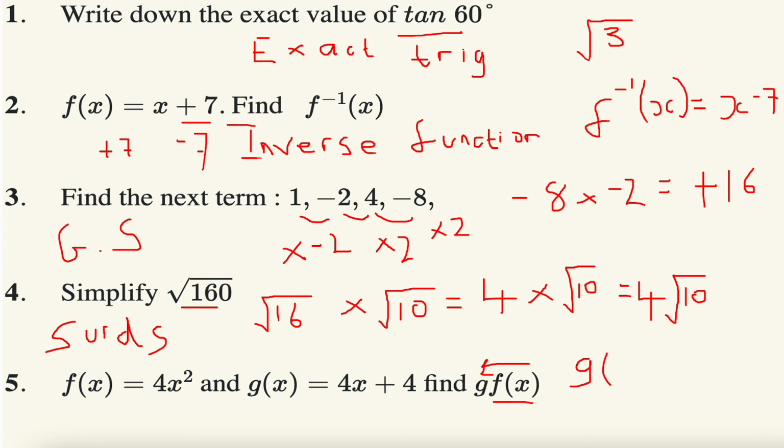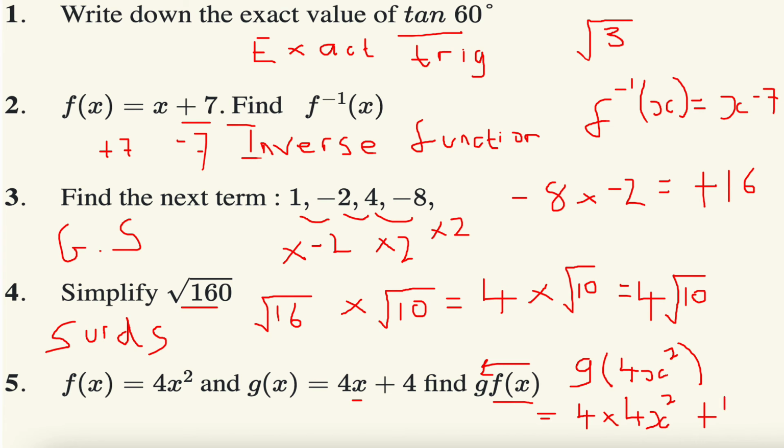So I start with the function f, and then I apply g to it, and what that means is I'm replacing x with 4x squared in here. Applying g to it, it's 4 lots of 4x squared plus 4, because the function g does 4 times the x plus the 4.